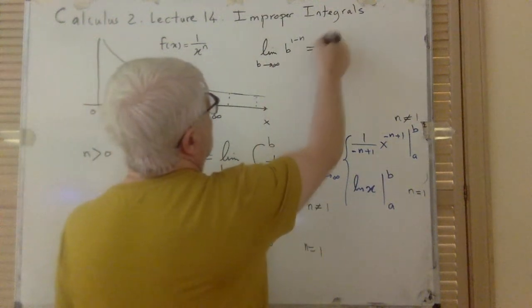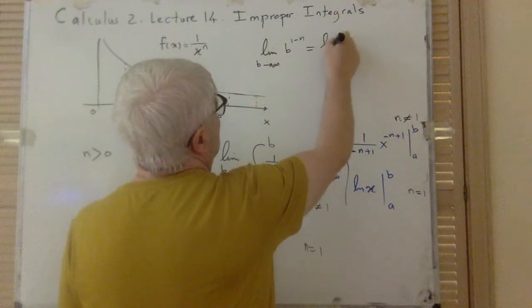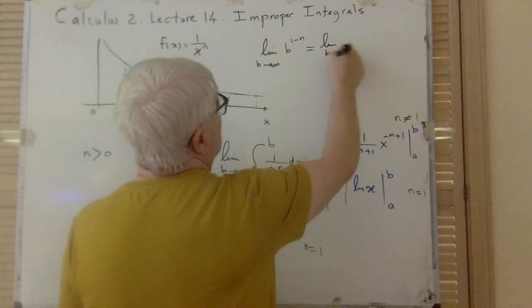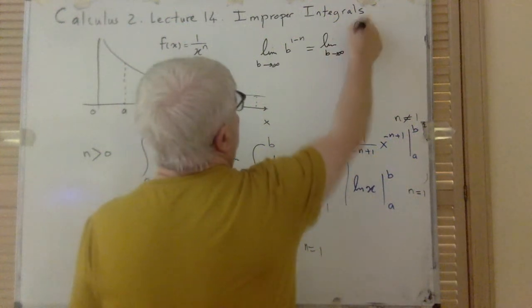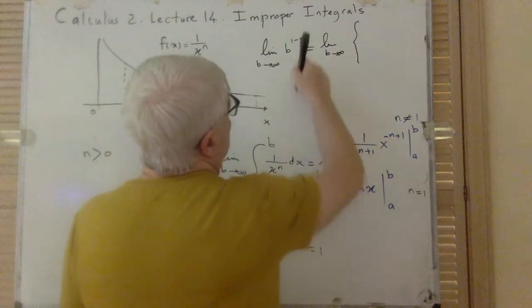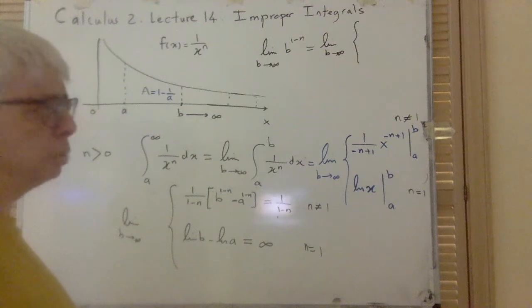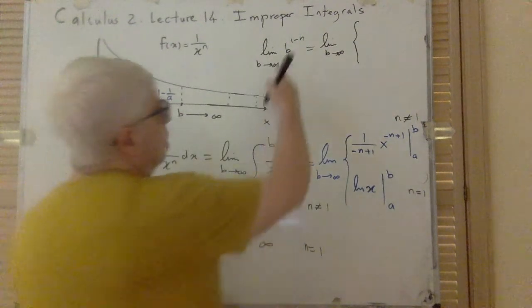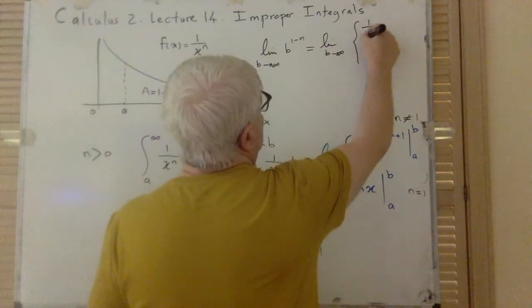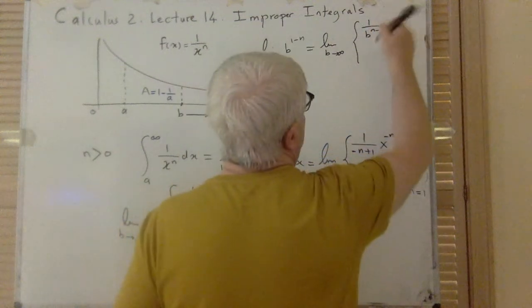So what happens? If n is bigger than 1, I write this thing as 1 over b to the power n minus 1.